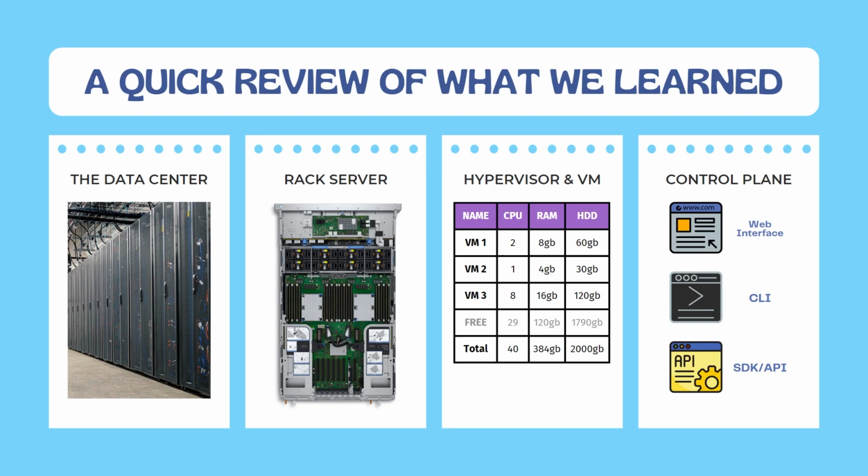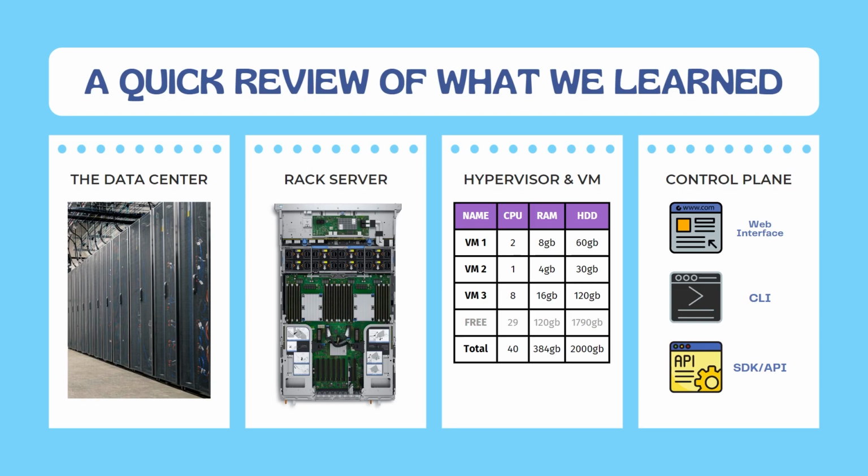Now we come into the hypervisor. The hypervisor and the virtual machines allow us to take this large overpowered machine and divide it up like a pizza into components that we can use in smaller machines. So I don't need a large server to have a web server on.